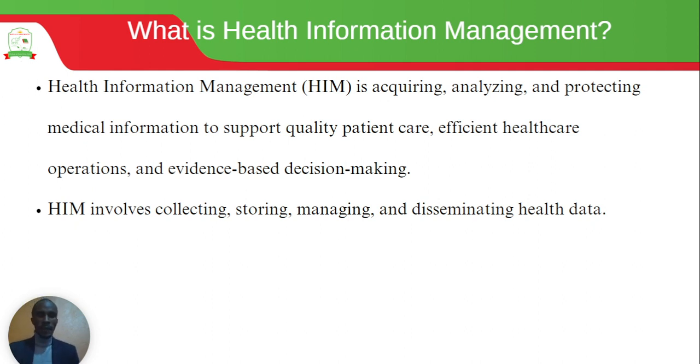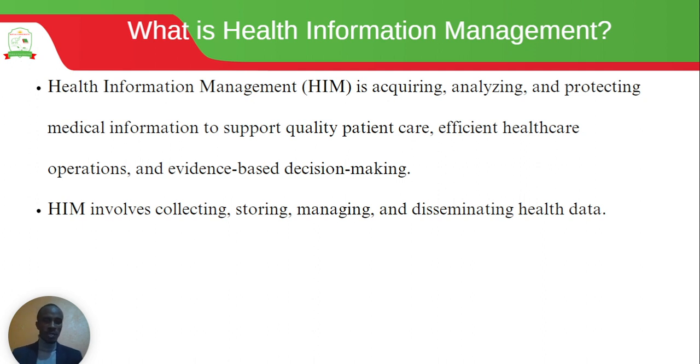So first, the definition of health information management is that it is the acquiring, analyzing, and protecting of medical information to support quality patient care, efficient healthcare operations, and evidence-based decision making, like we have said.